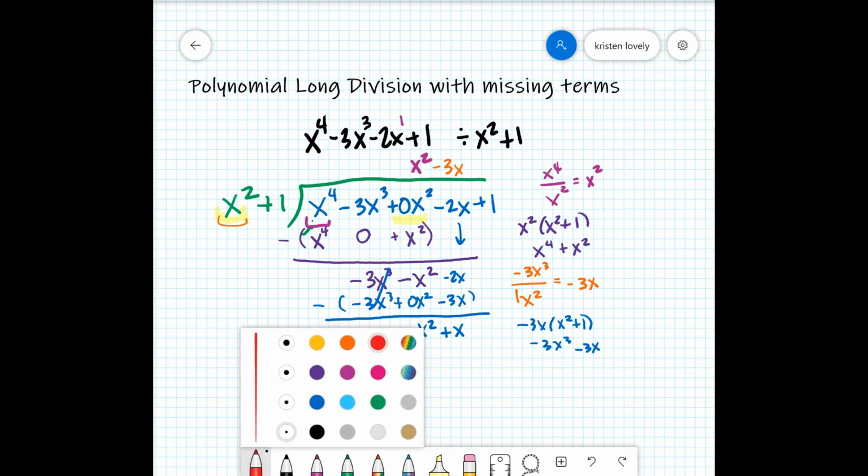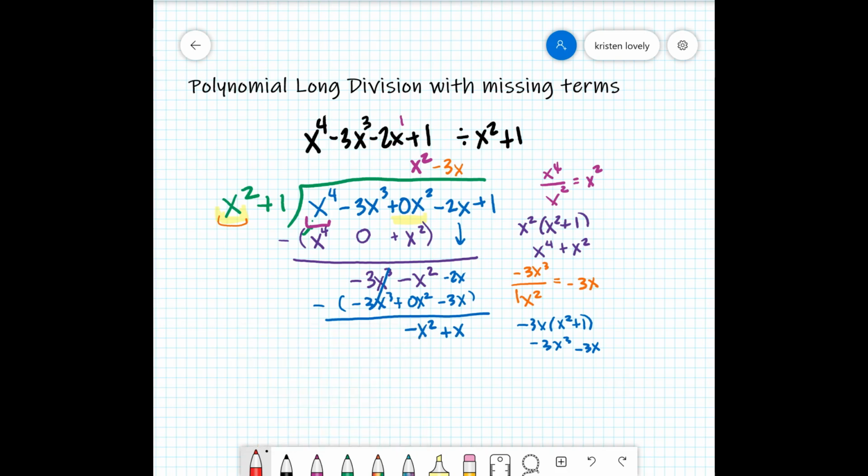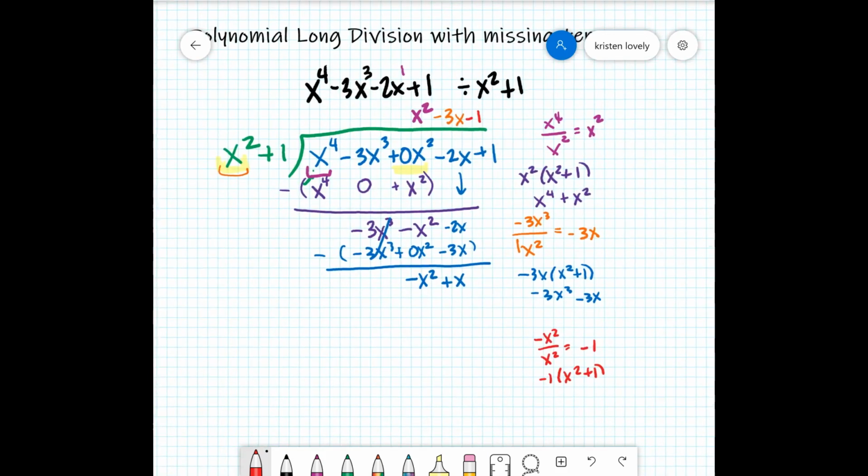Okay, I'm repeating this process. So I'm asking myself, how many times does x squared divide into negative x squared? Negative 1. Negative 1 times x squared plus 1 is negative x squared minus 1.